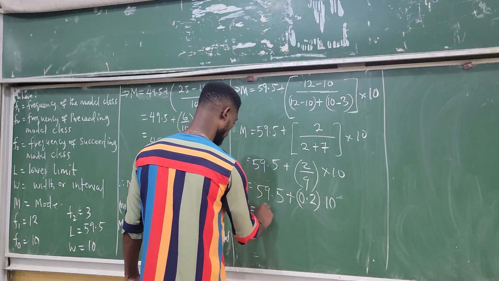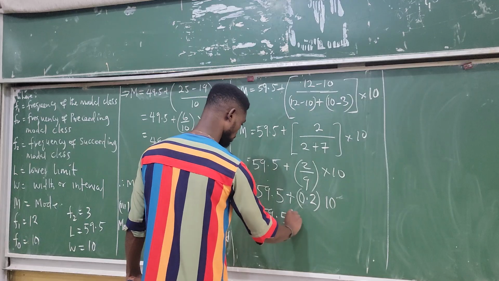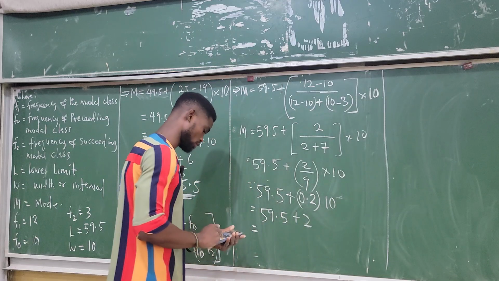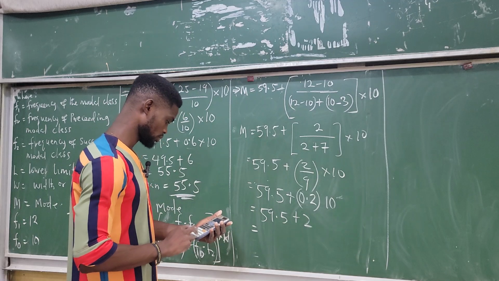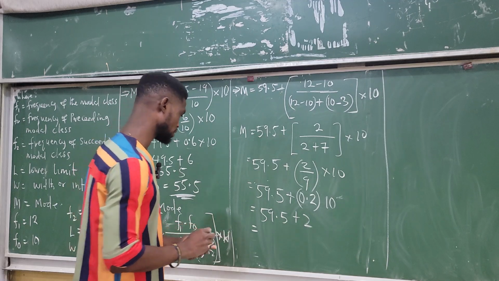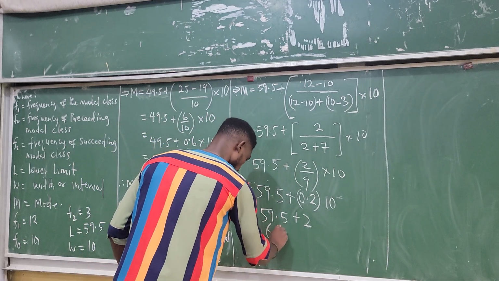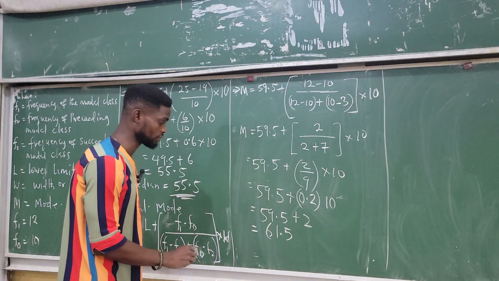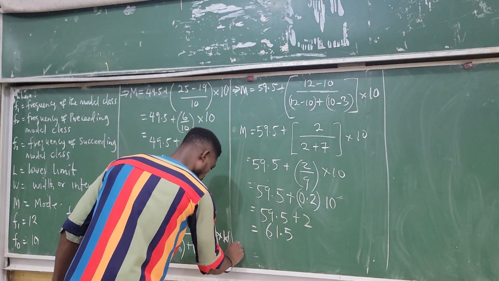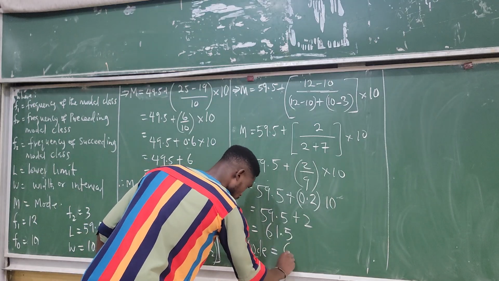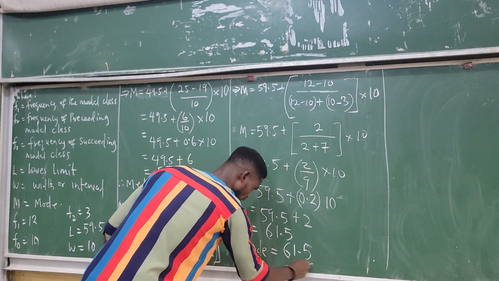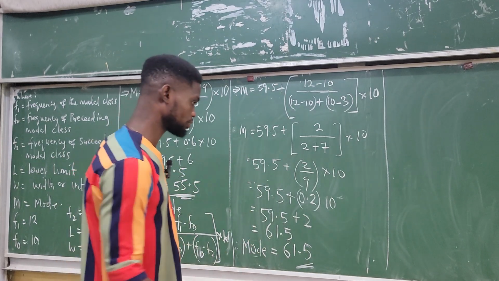So we have 59.5 plus 2 will give us 61.5. So our mode is equal to 61.5. That is our mode.